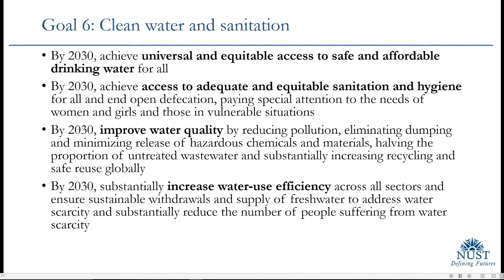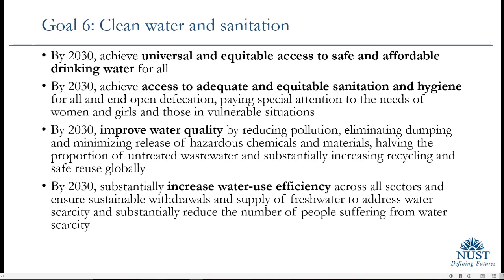So for clean water, the indicator is in like 1.5 lines, but it involves a lot of effort to achieve. Universal, meaning everybody should have access to it. Equitable access, meaning poor and rich, they all should have access to it.